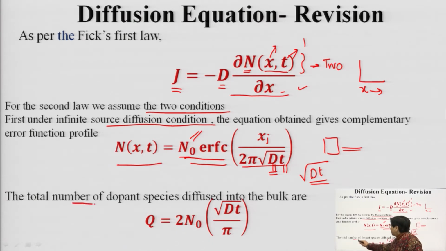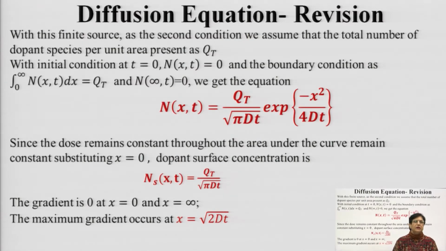Then we also saw the equation defining the total number of dopant species diffused into the bulk, that is, how many species penetrated into the bulk. That quantity was calculated as 2 n0 under root Dt upon pi. We derived it by integrating the area under the curve, as explained in the last lecture.